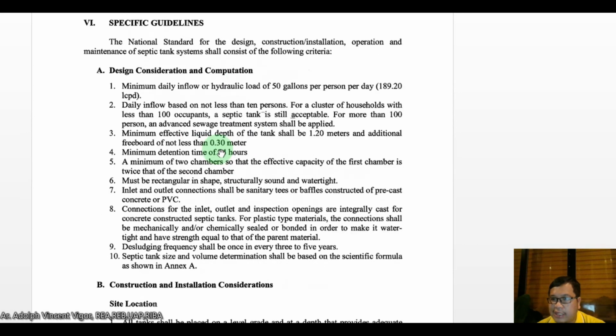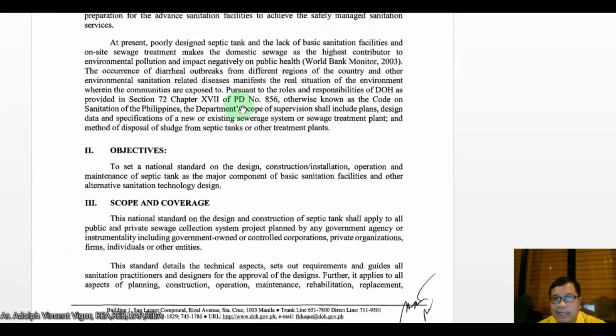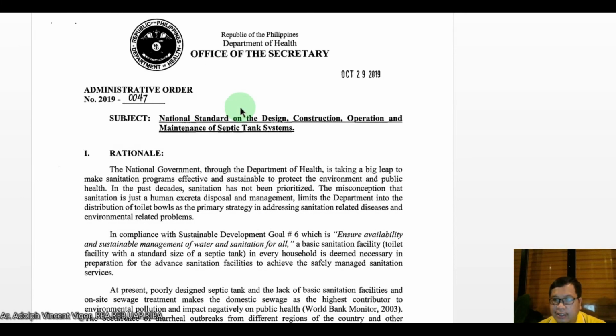This is really important, class. Because imagine, class, even though the Philippines is not a developed nation, we are already at the stage wherein I think most of us have access to basic sanitation facilities. But even with that, there are still problems.